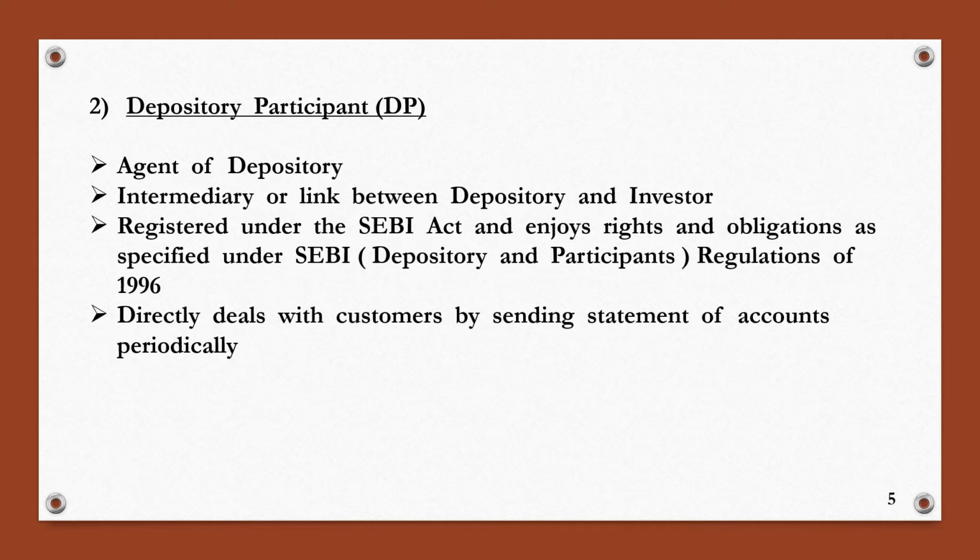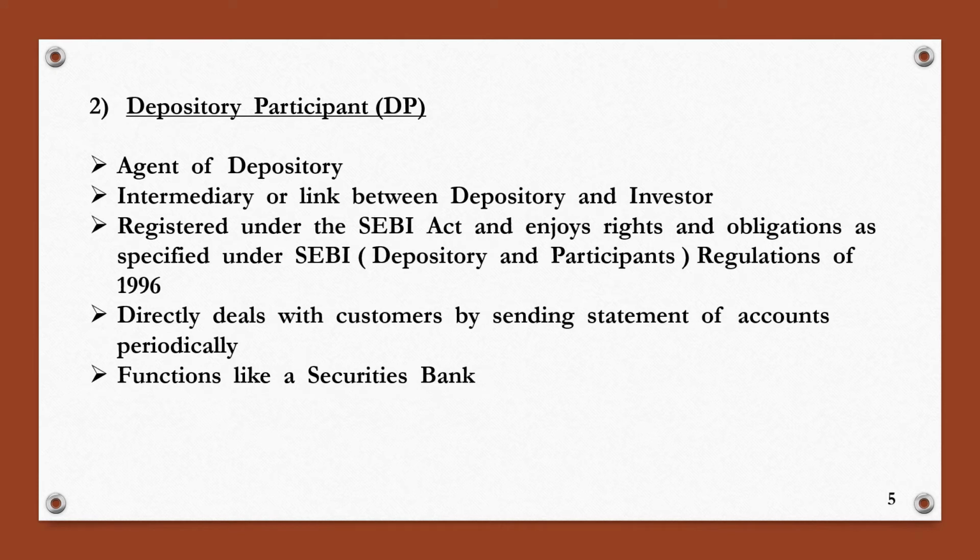Next, the DP directly deals with customers, that is the investors, and it does so by sending them statement of accounts on a periodical basis, which means that the investors get complete detailed information about their security holdings through the copy of the statements which is sent by the depository participant.